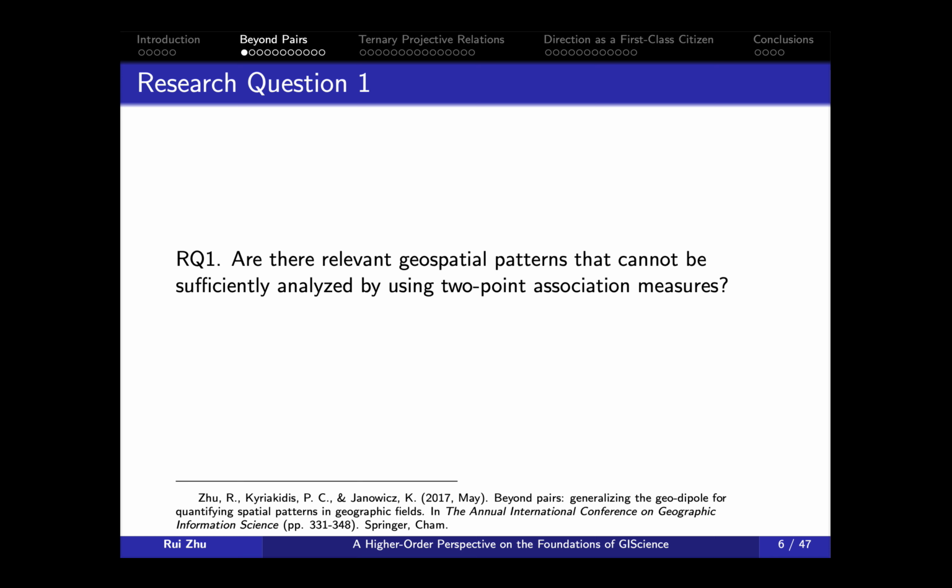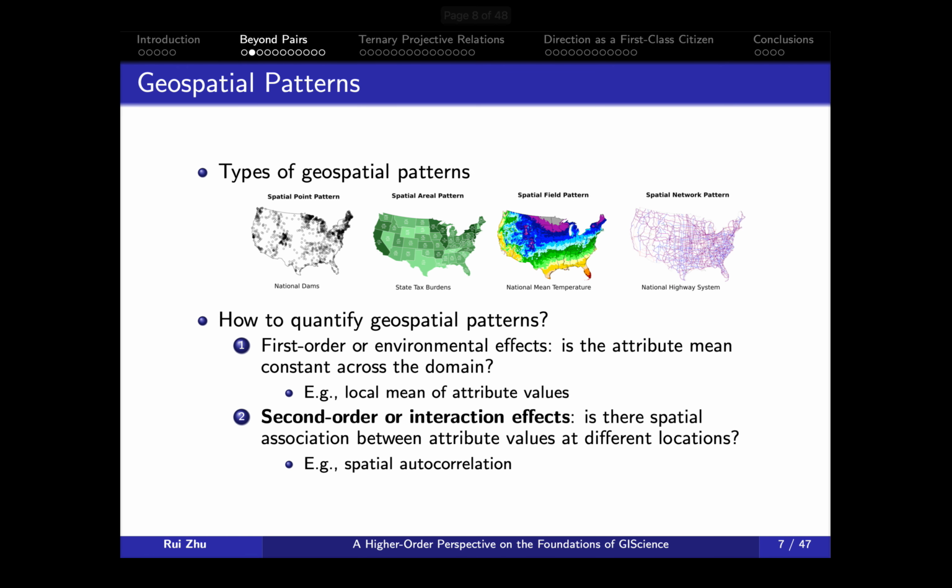Alright, then let me directly delve into the first research question, which asks: are there relevant geospatial patterns that cannot be sufficiently analyzed by using two-point association measures? To answer this question, let's first take a look at some classic approaches to measure geospatial pattern.